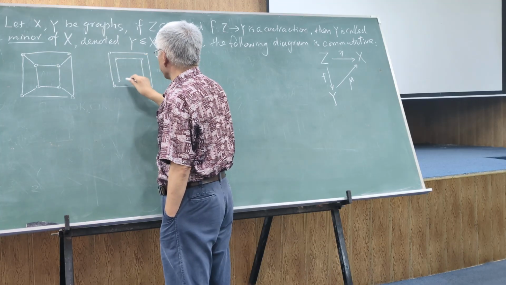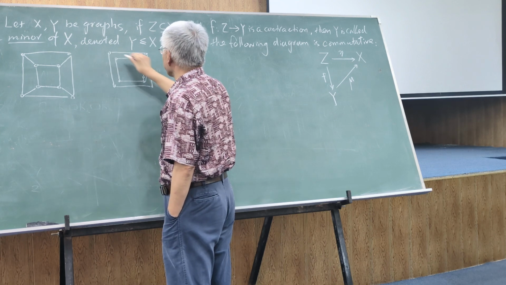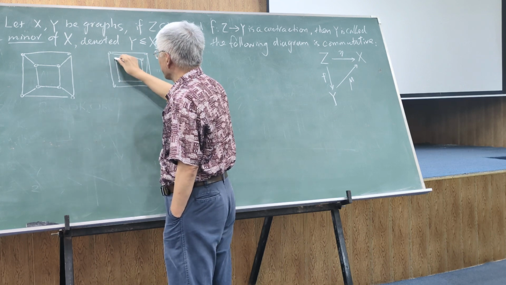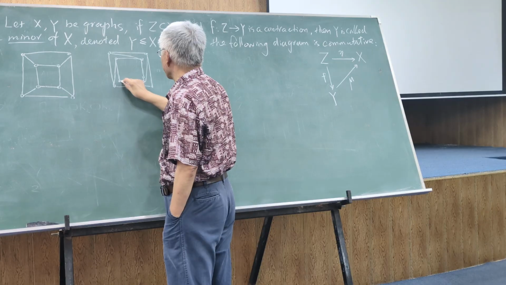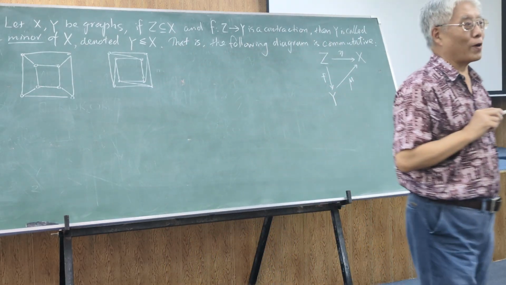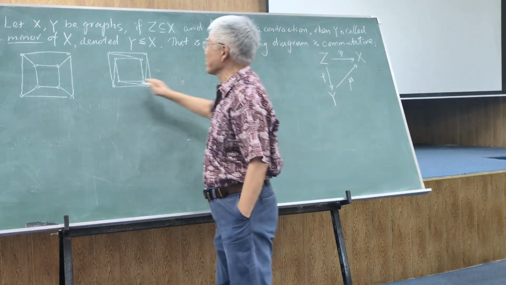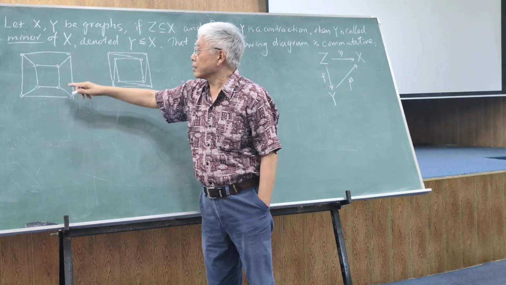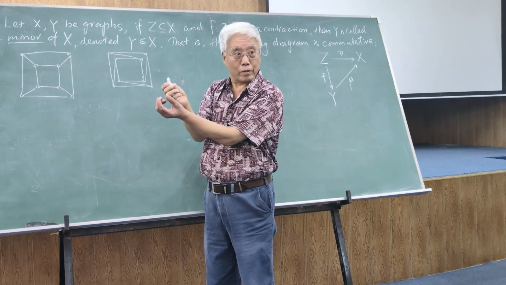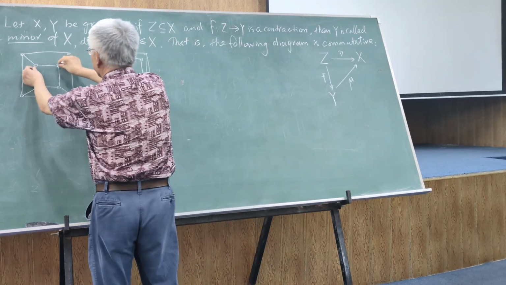Those with a good imagination can immediately see what we are doing. Is this graph familiar? Or let me ask, is this the same graph as that one? Is there an automorphism, an isomorphism? These are the same. Yes.